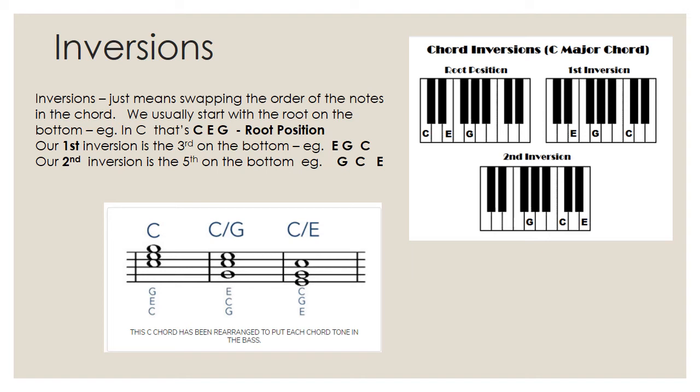Now sometimes where we want to display what the lowest note of the chord will be, we can use what are called slash chords. So in the bottom diagram we see the C in the root position, but in the second one the G note has become the lowest note, and in order to display that, we use the slash G to indicate the lowest note.